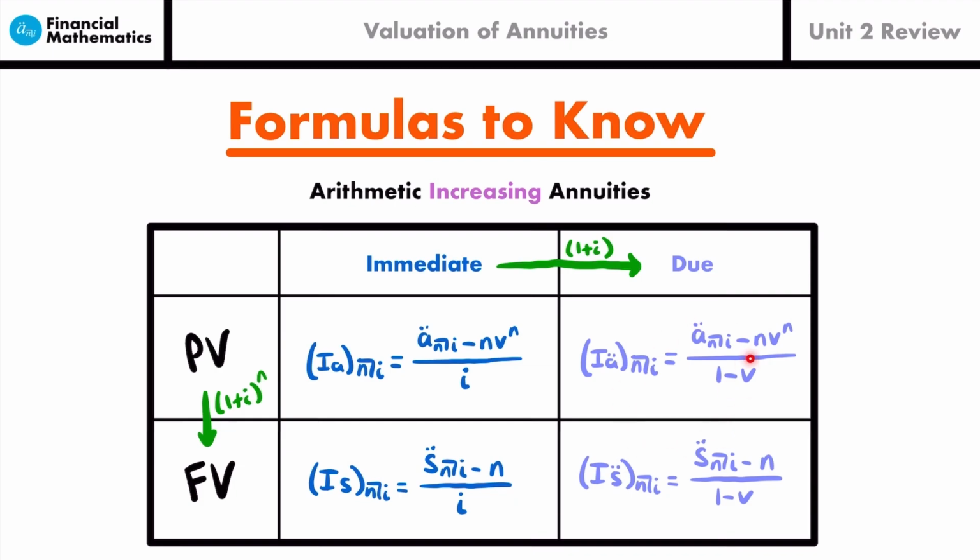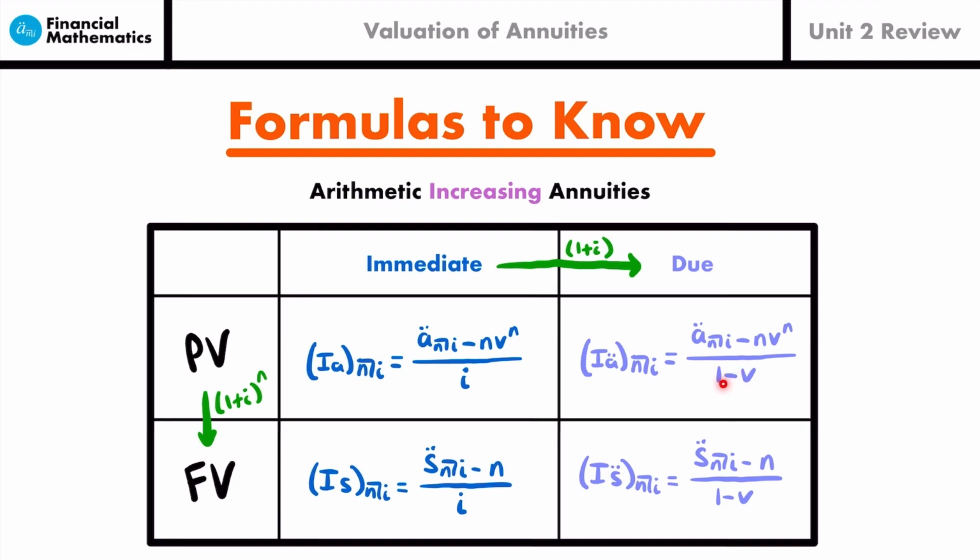Now, the annuity due versions of those formulas have very similar notations. You just add the double dots above the a or the s, and then the formulas are basically the same, except the denominators change from i to 1 minus v. And once again, 1 minus v is the same as the equivalent effective discount rate. All right, so if you want to use that instead, you could, but typically I don't recommend that.